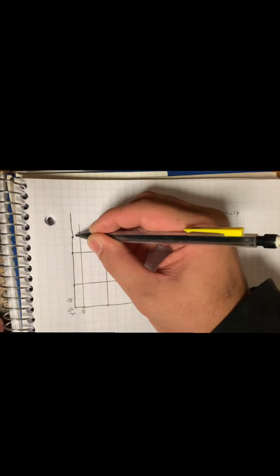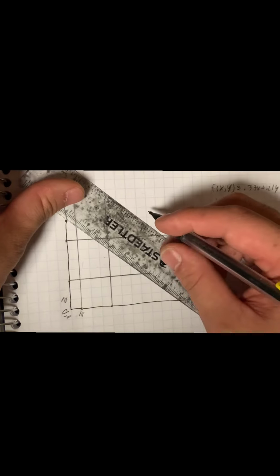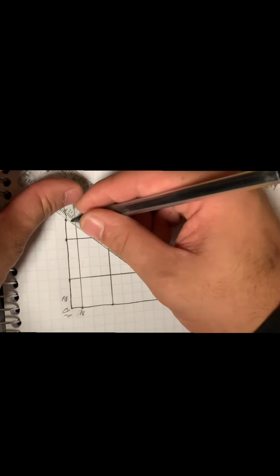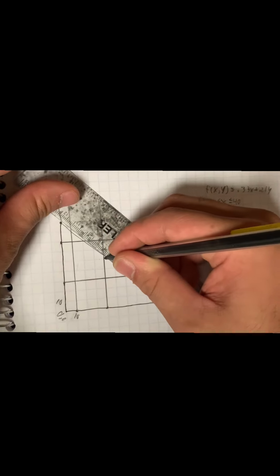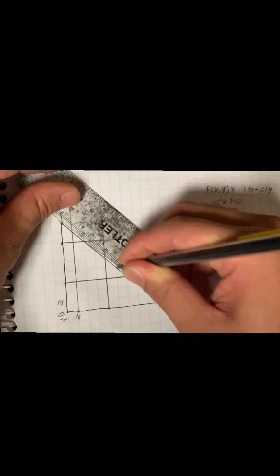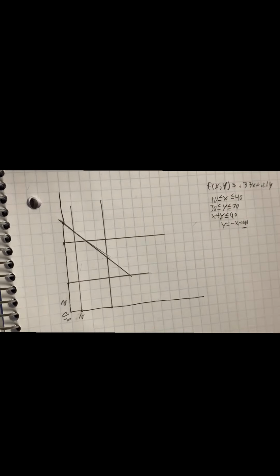Our point is on 90. And because it's y equals negative x, we can simply go down on a slope of 1. So now we have all three of our lines.